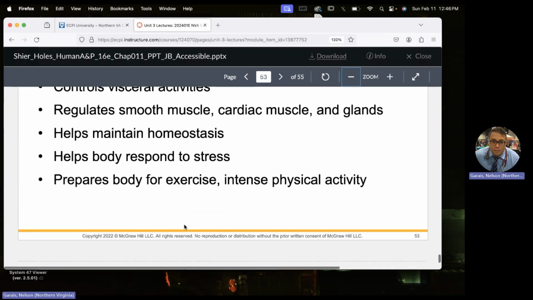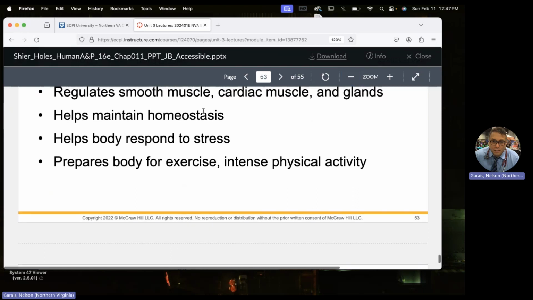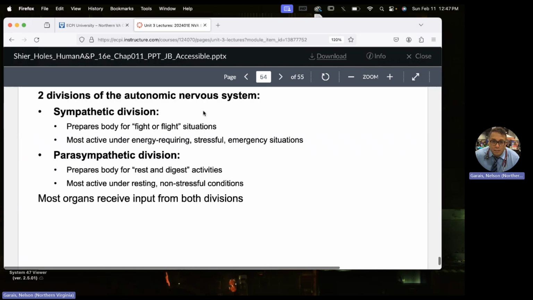Autonomic nervous system, we already talked about that. Homeostasis, response to stress, because we're talking about increased heart rate. So sympathetic, think fight or flight. Increased heart rate, increased blood pressure, and dilation of your pupils. Parasympathetic, the exact opposite. Decreased blood pressure, decreased respiratory rate, and what? Constriction of the pupils.